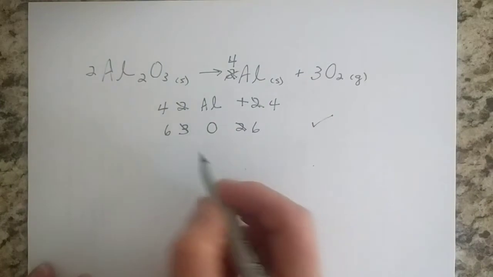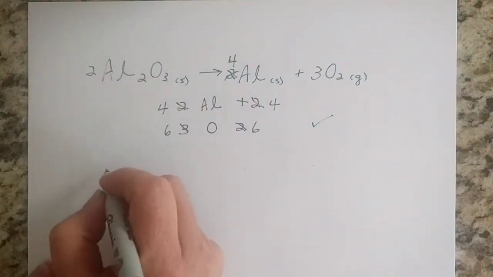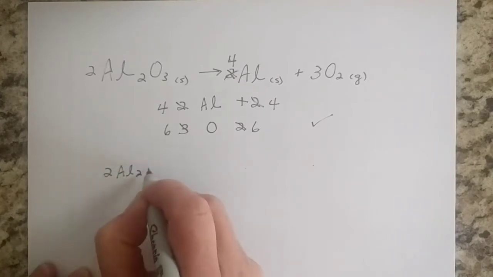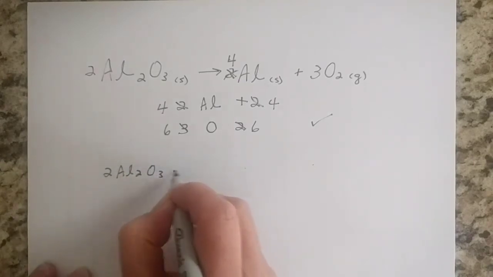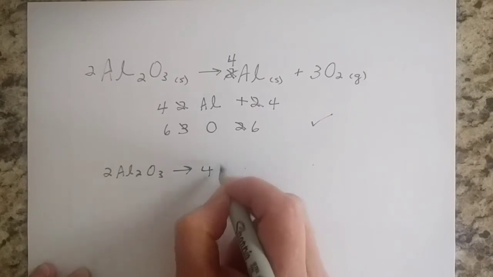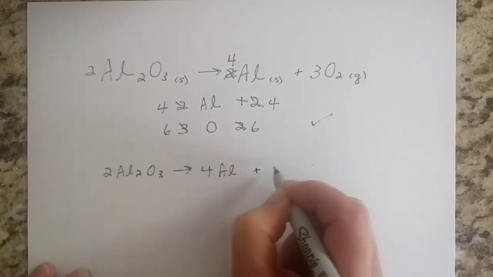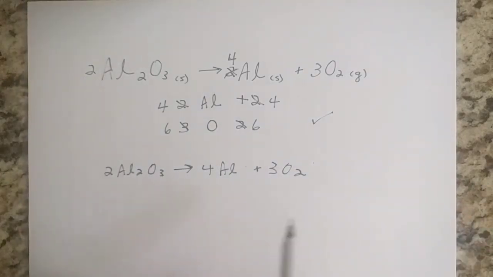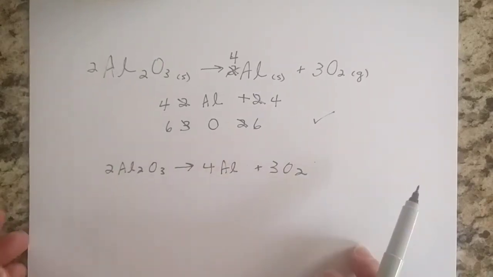I'm just going to rewrite that equation so that I don't have any scribbles or crossouts in it. 2Al2O3 yields 4Al plus 3O2. You also want to check the ratio of your coefficients to make sure they are in the lowest whole number ratio. And 2 to 4 to 3 is indeed the lowest whole number ratio.